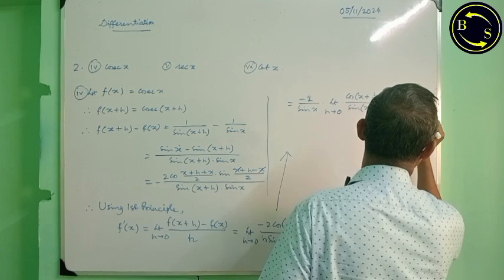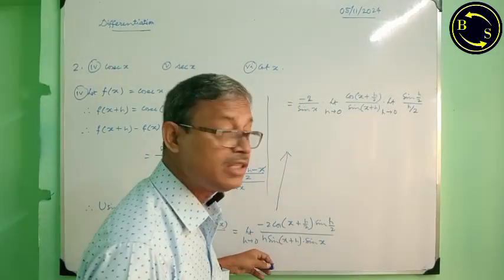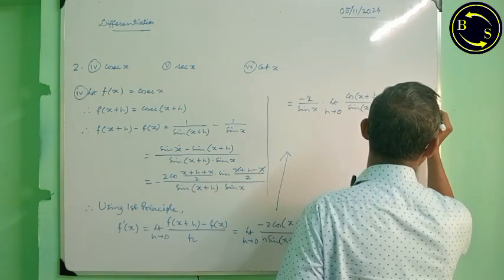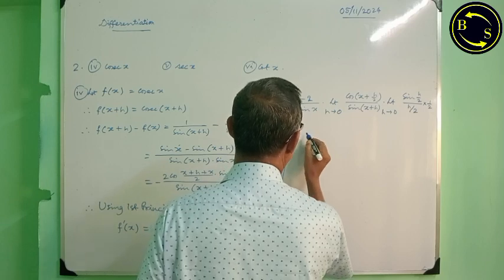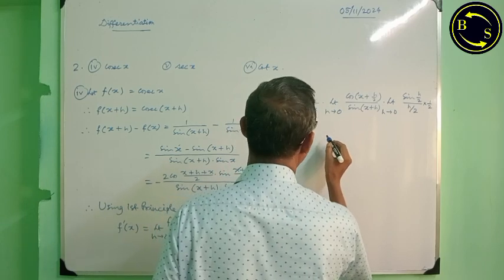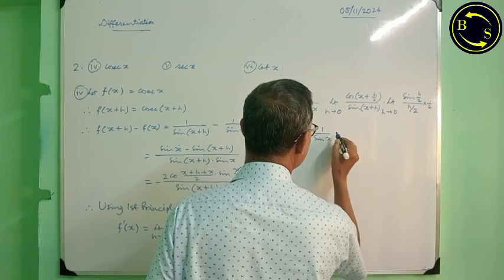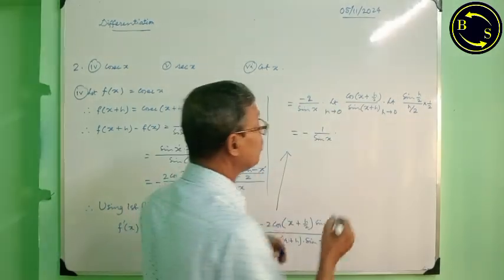To get the standard limit form, I divide the denominator h by 2, and for adjustment it will be half, therefore minus 1 by sin x into, putting finally h equal to 0, what we get?